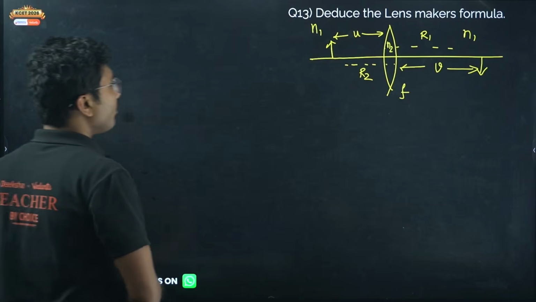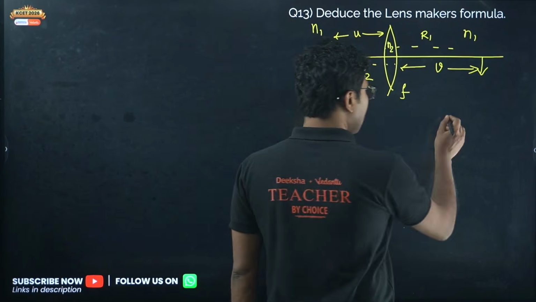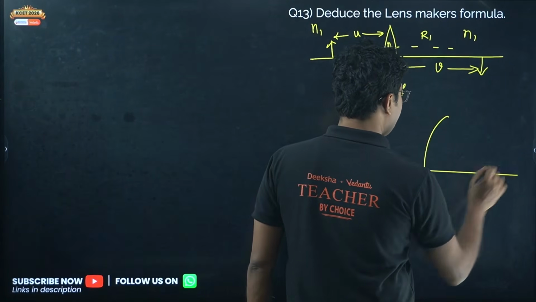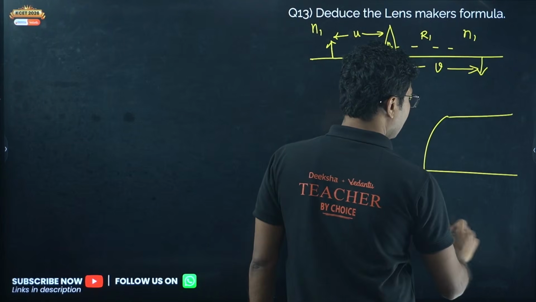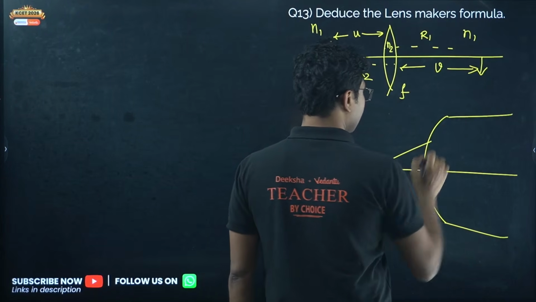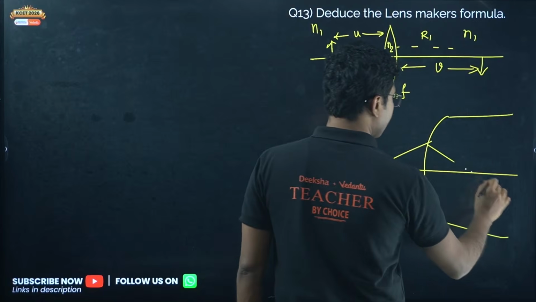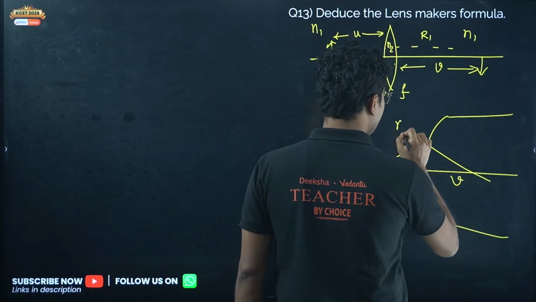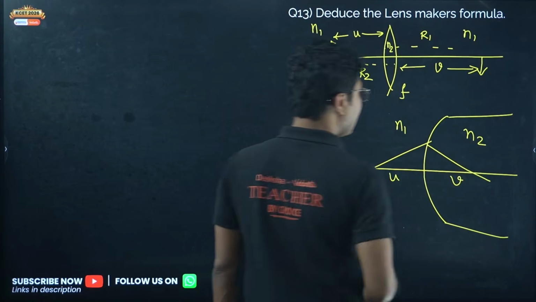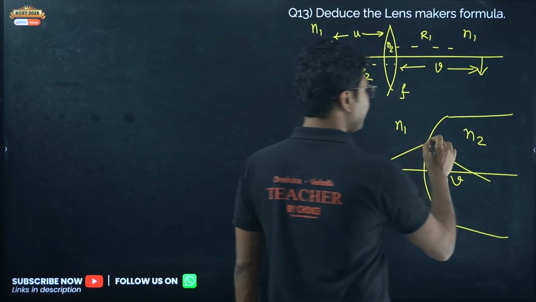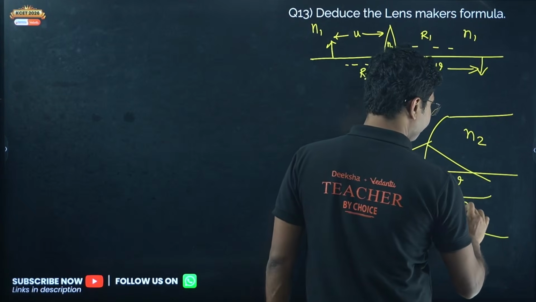Now to solve that, we have to remember the equation that we use for refraction through a spherical surface. If you remember, this was u, this was v, this was n1, this was n2, and the radius of curvature of this surface was r.